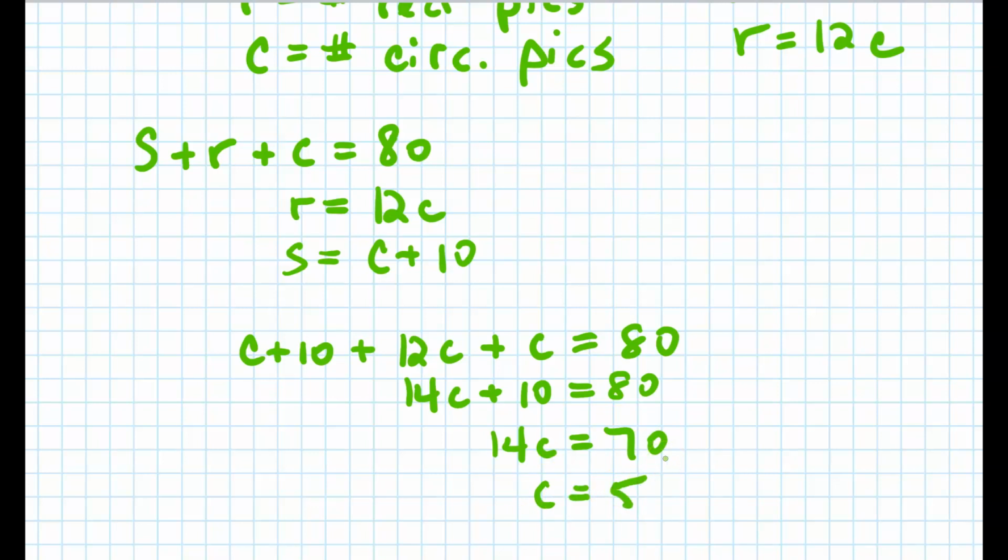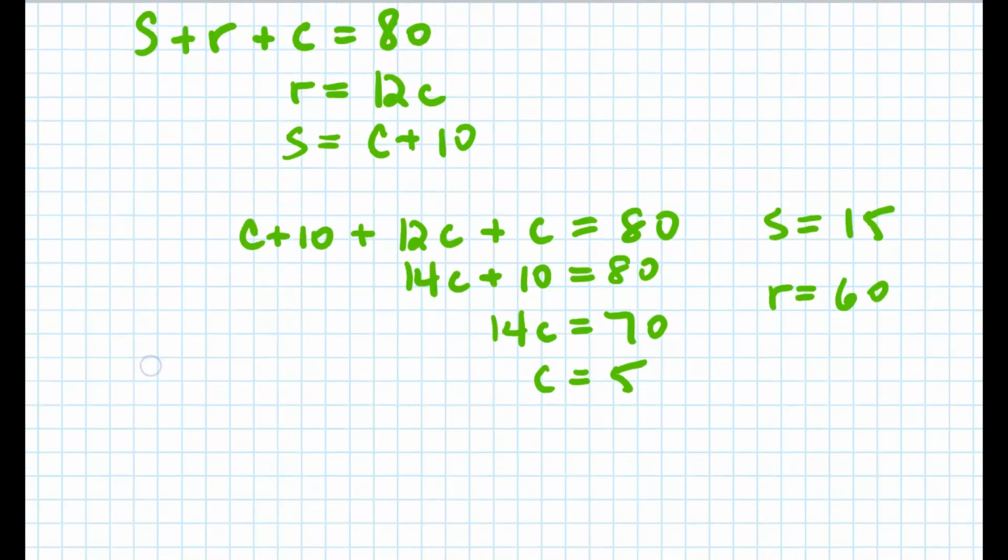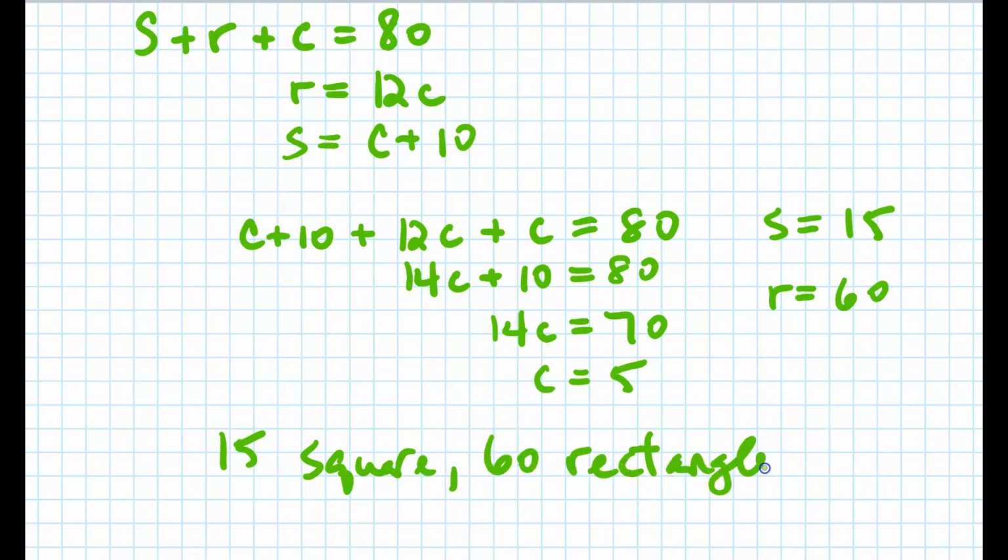What does S make? 15. And what would R be? R is 60. So in the end, we have 15 square, 60 rectangle, and 5 circle pictures.